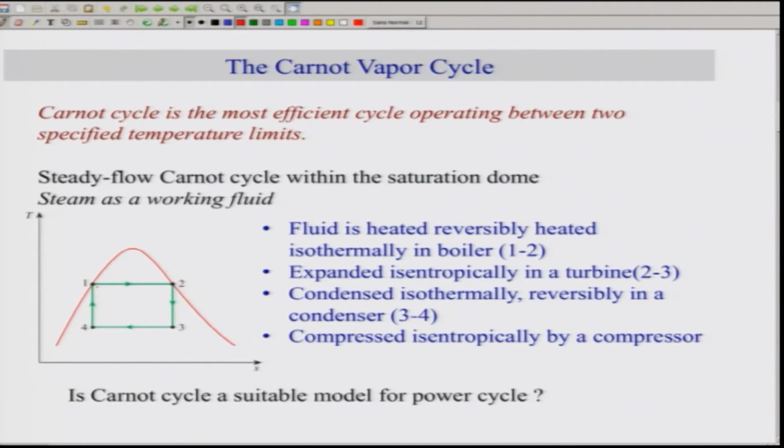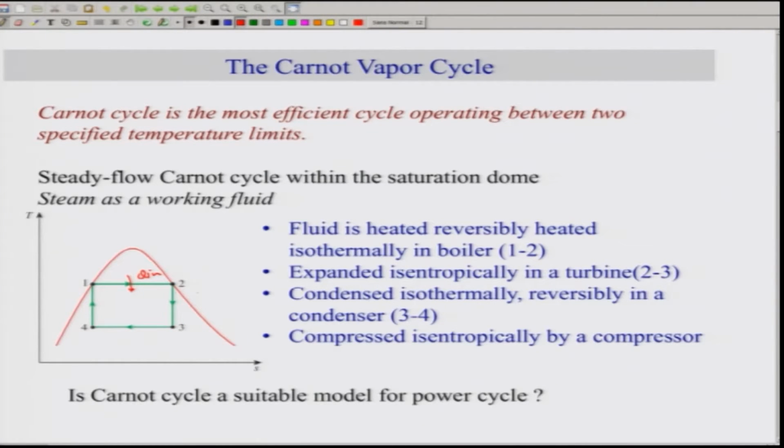Now let me just refresh the Carnot cycle, particularly in this form. This is on a T-S diagram. So 1 to 2 is a process where the fluid is heated reversibly isothermally in a boiler. This is where your Q in is being supplied using a boiler, at a constant temperature.